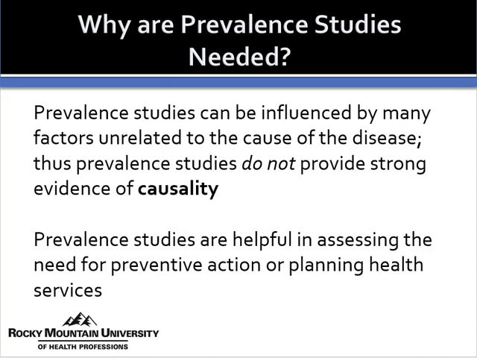So why are prevalence studies needed? Prevalence studies are needed because they give us an idea about the need for potential preventative action or the planning of health services. A key thing, though, is that prevalence studies are not strong evidence of causality.